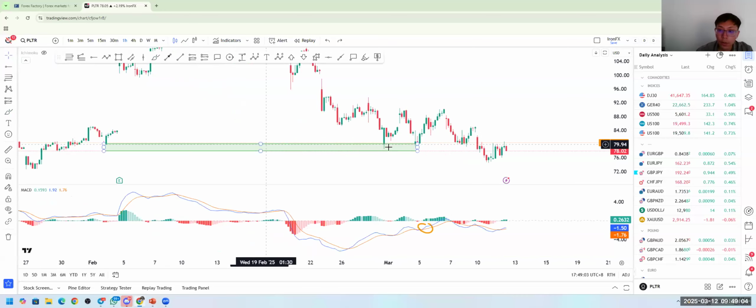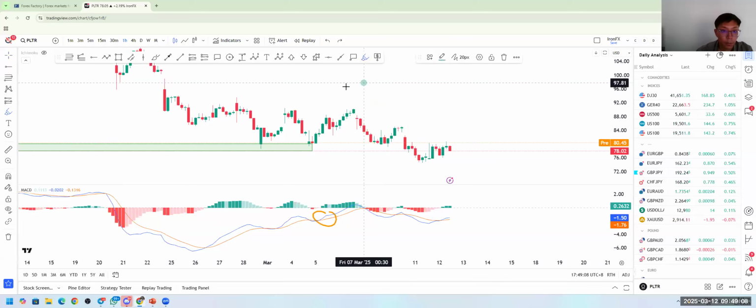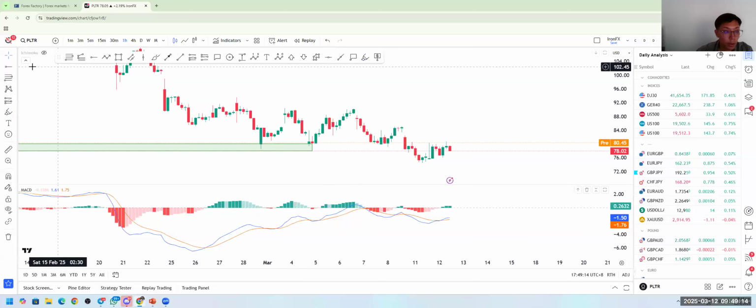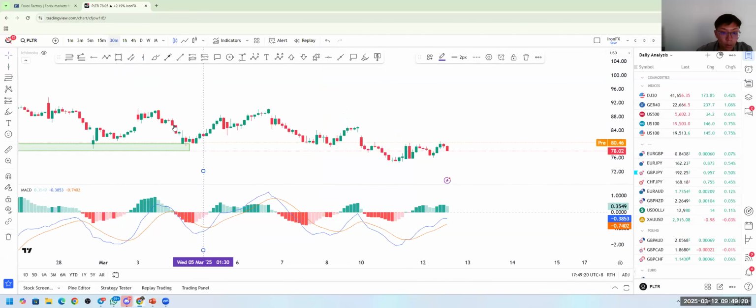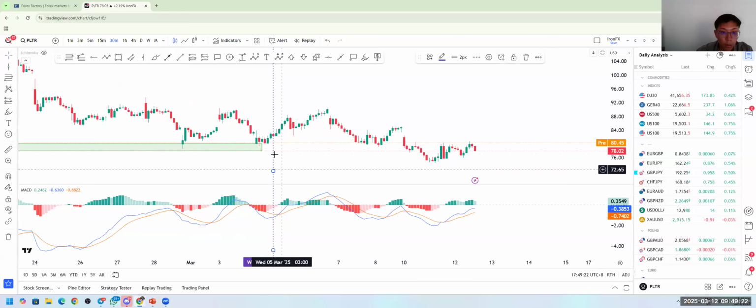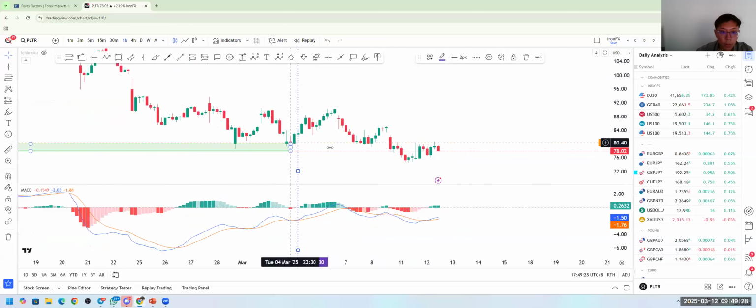Okay, so once price is at $79 per share, what we are looking at is to enter off this level.